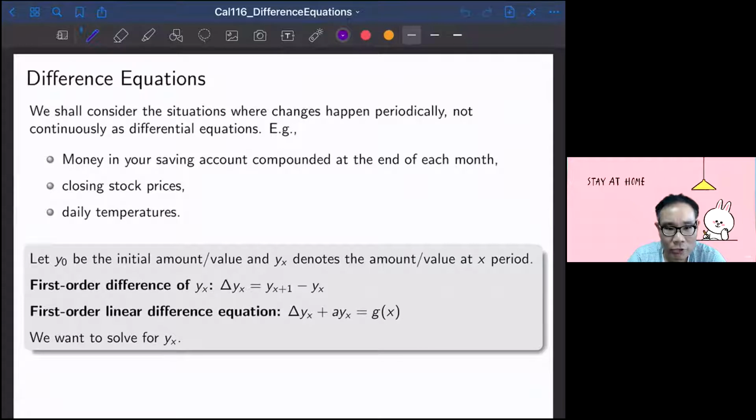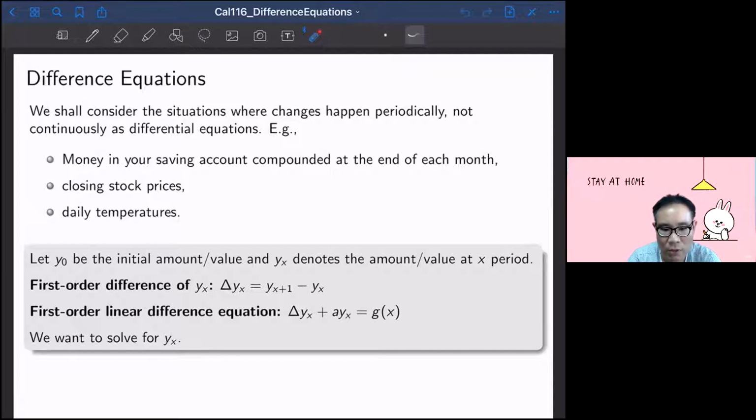The difference equations that we're going to study turn out to be the equations that we study for change. However, the change that we're going to study is not continuous. It's like the situation where you deposit some money into your savings account and it doesn't compound continuously.